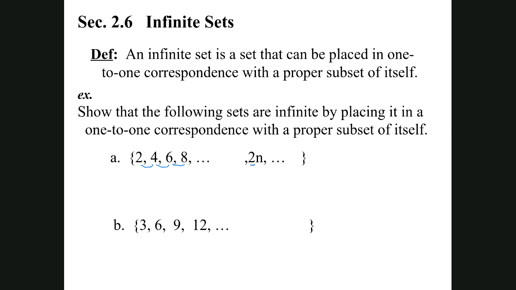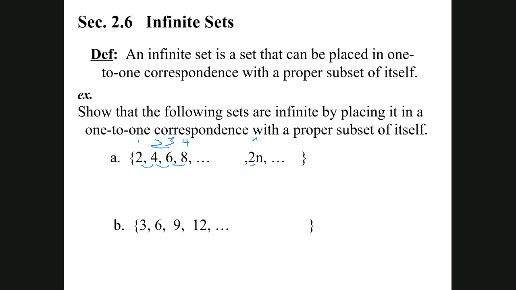If we have 2 once, 2 twice for the second term, 2 three times for the third term, 2 four times for the fourth term, 2 five times for the fifth term, we get 10. So the nth term is 2 times n. All right, so we know what every term is in this sequence: first term, second term, third term, fourth term, fifth term is 10, the nth term for any number n.